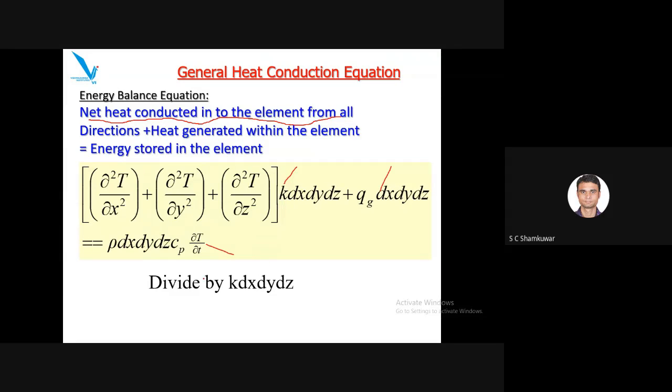Now, what is constant here? If you see, constant is k dx dy dz. So we have to divide this equation by k dx dy dz.